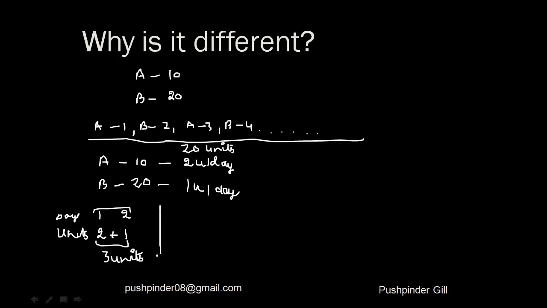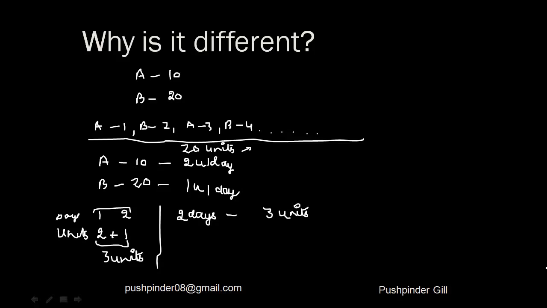If I apply the unitary method, they say it takes them 2 days to finish 3 units. Now, how many units do I have to finish? I have to finish 20 units. Now guys, unitary method will not be helping you out here.